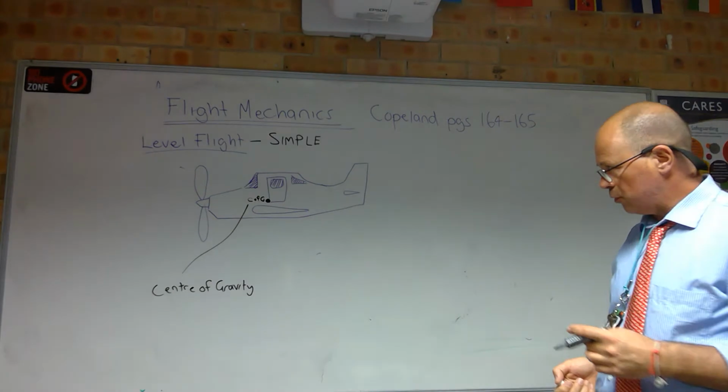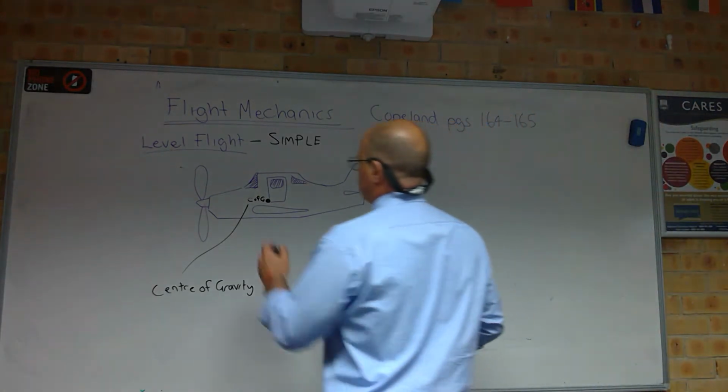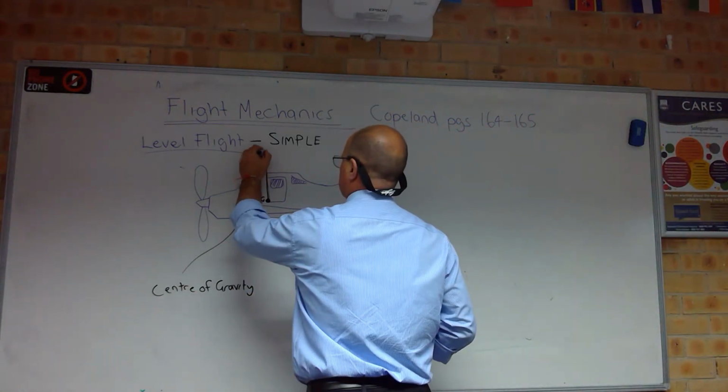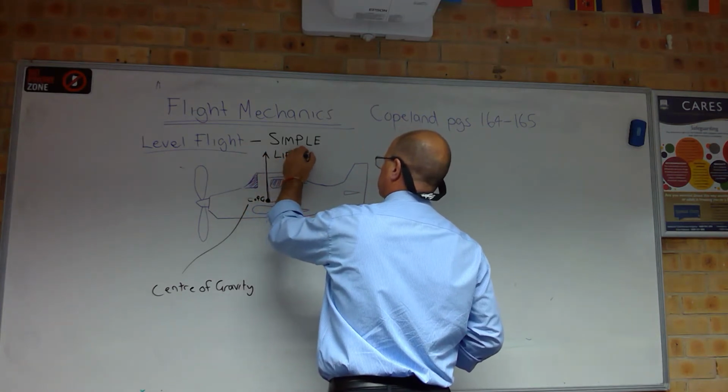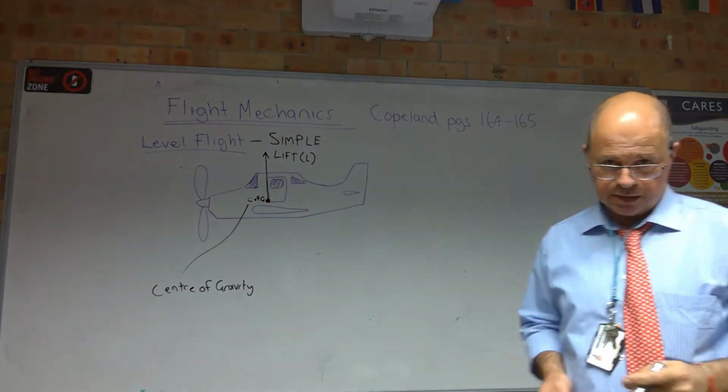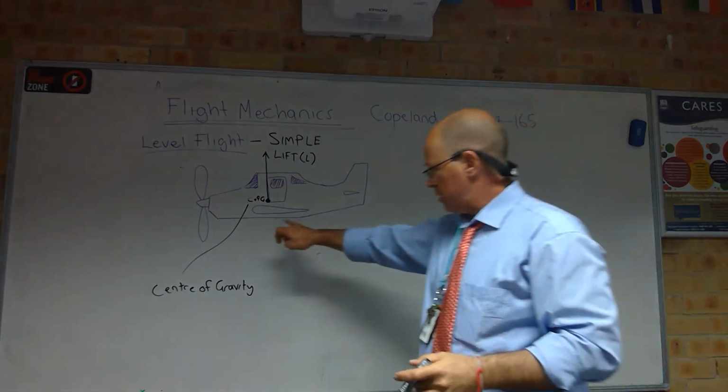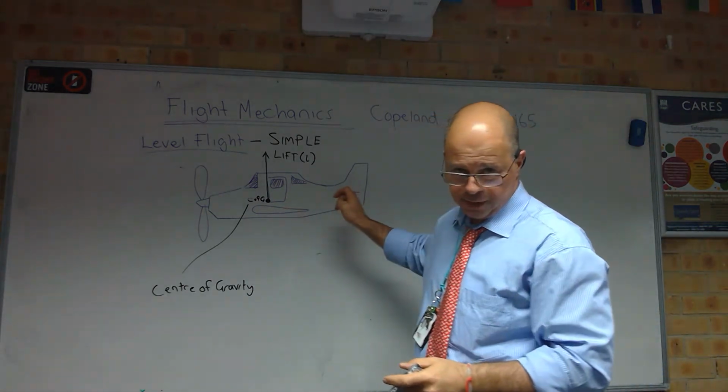So for this example, we have our lift force going up, and in Copeland that lift force is lift generated by the wing and the tailplane.